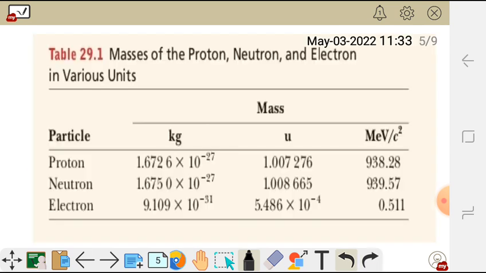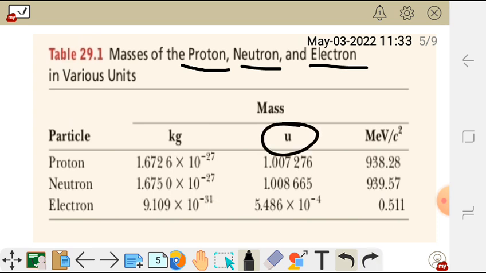So this table here summarizes the masses of a proton, neutron, and an electron in various units. So in kgs, the mass of a proton is 1.6726 by 10 to the power negative 27, and a neutron has almost the same mass as the proton.